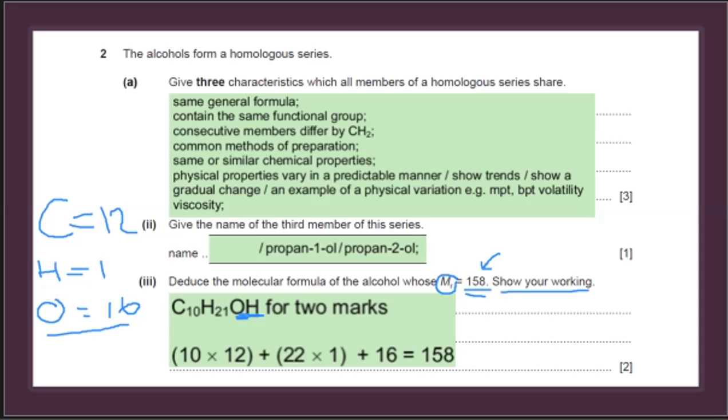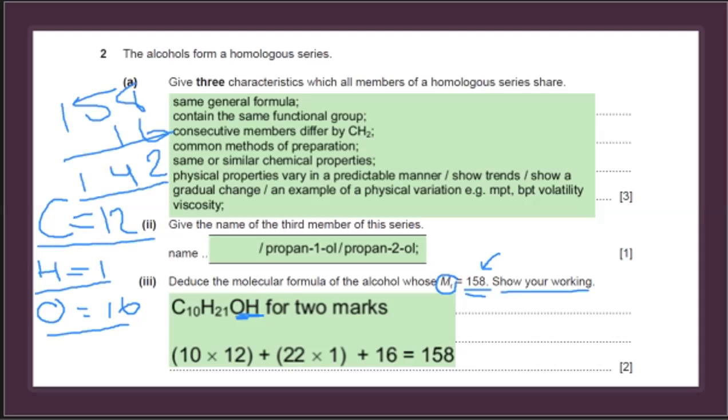So from 158, if we subtract 16, that would leave us with 142. And of this 142, you have carbons and hydrogens that make up that 142.